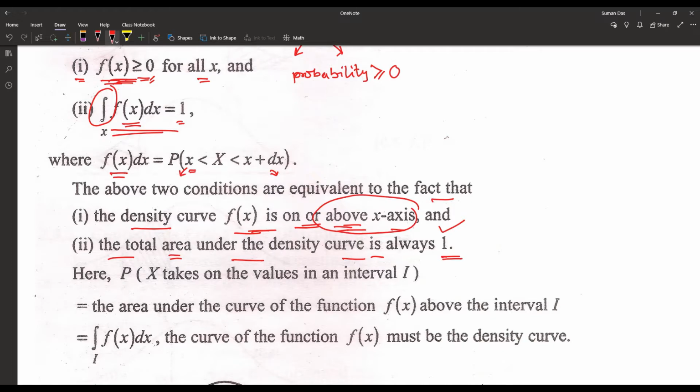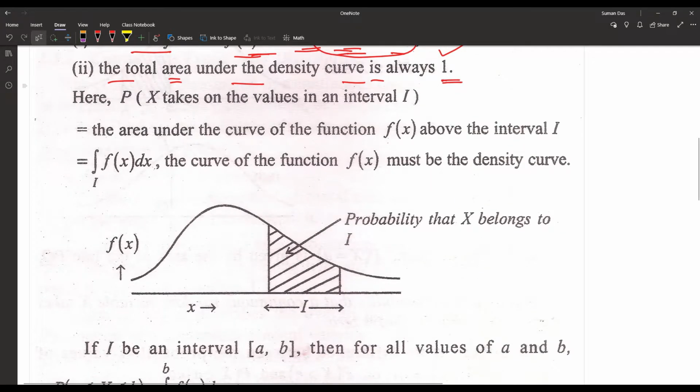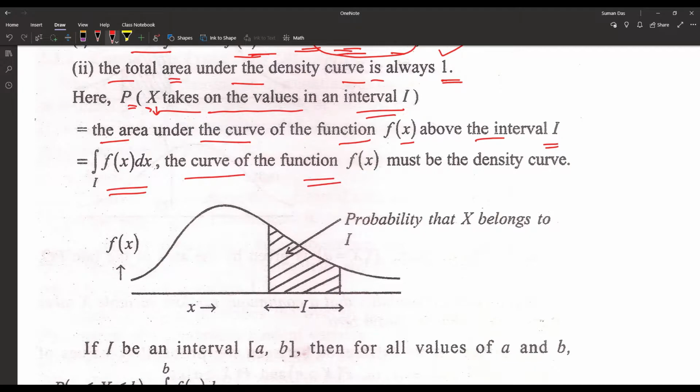Now if we look at the probability P(X), where the random variable takes on values in an interval I, that means any interval has been given. So the area under the curve of the function f(x) above the interval I is the summation of f(x) dx. The curve of the function f(x) must be the density curve.